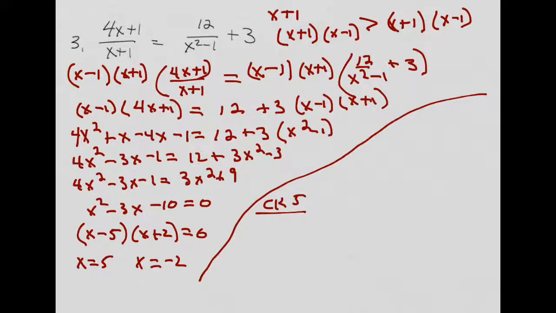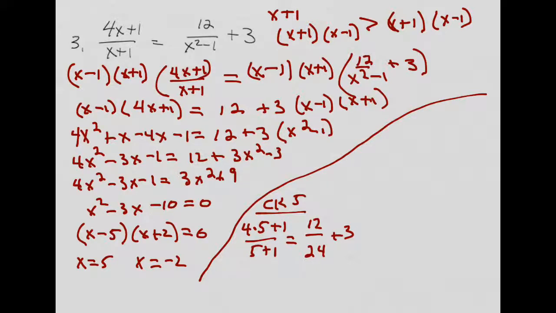Okay, so if I put 5 in there, I've got 4 times 5 plus 1 all over 5 plus 1 is equal to 12 all over 5 squared, that's 25, minus 1 is 24, 12 over 24, plus 3.